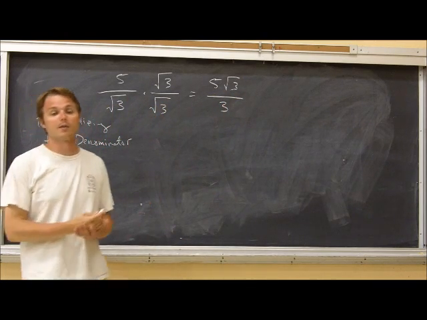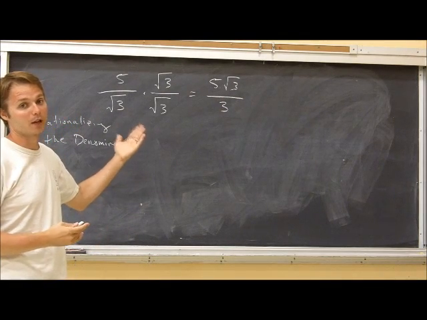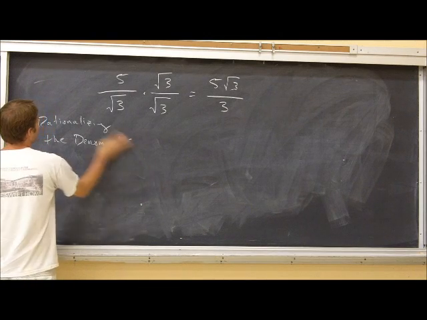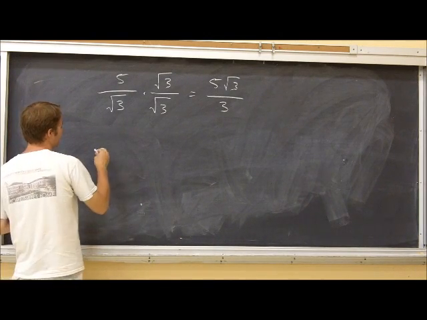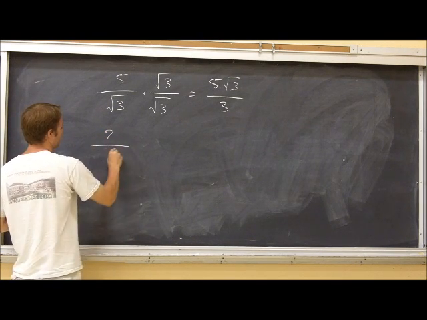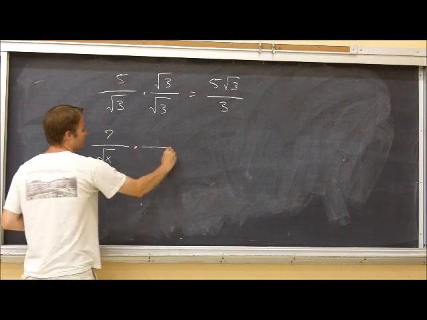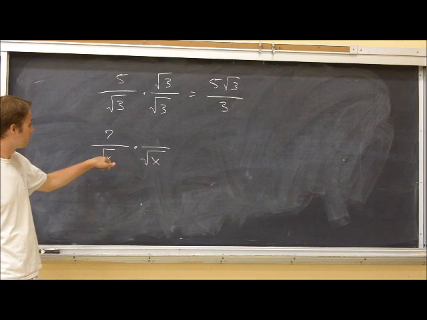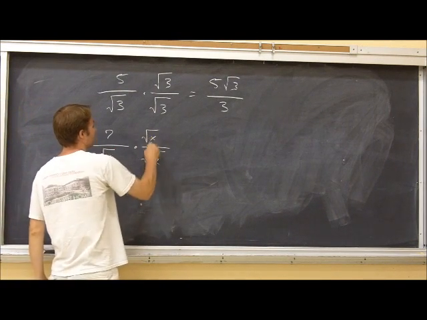And typically we're fine with having a radical in the numerator of the fraction, just not in the denominator. So whenever we have an expression like that that only has one radical down there, a single term expression, something like 7 over the square root of x, well, we can just multiply by whatever that denominator actually is. So just multiply square root of x times the square root of x, do it to the top as well.